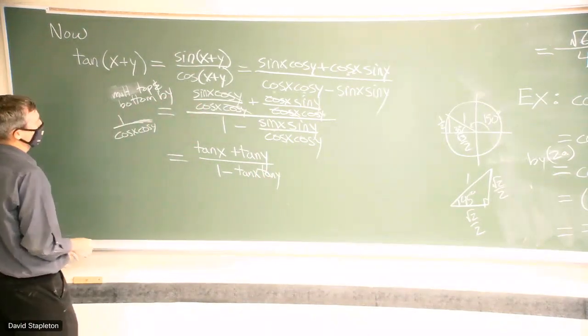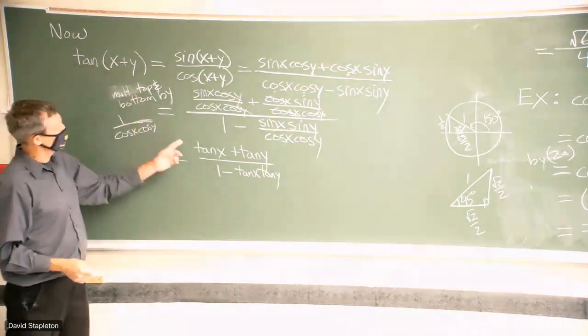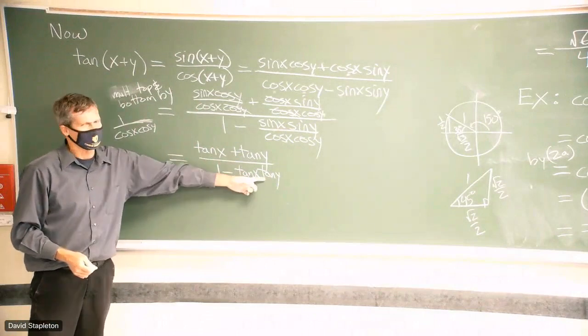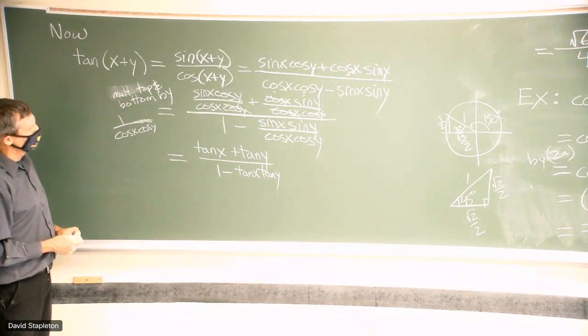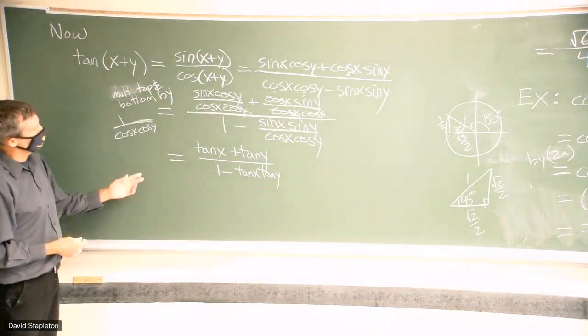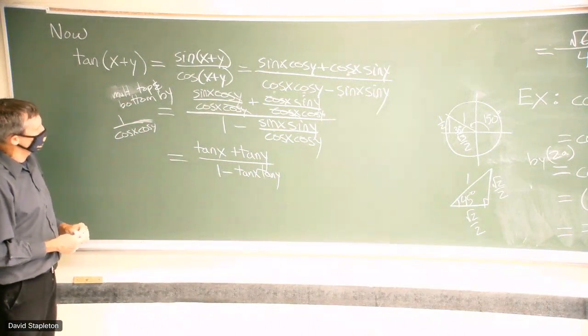Which is a new identity. Tangent of x plus y is tangent plus tangent over 1 minus tangent times tangent. That is the way you do that one. I had more trouble with this one when I took it. You don't use it as often, but also it's a little harder to say it, I think.